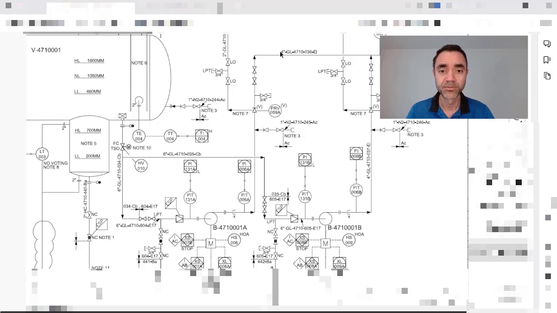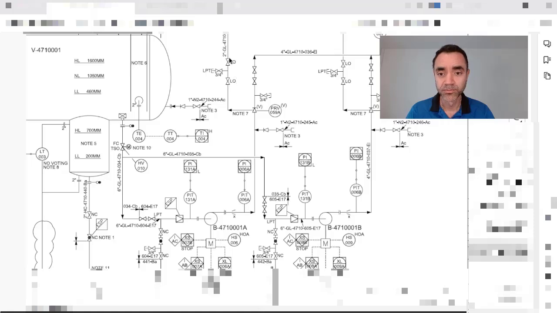So if for any reason the discharge is blocked at the destination, the pressure will increase, and to keep the pump running, this PRV will open to recirculate the amount of fluid that must be pumped by the pump. Verify that we have also isolation, because we need to guarantee the total isolation of the pump in case of maintenance.